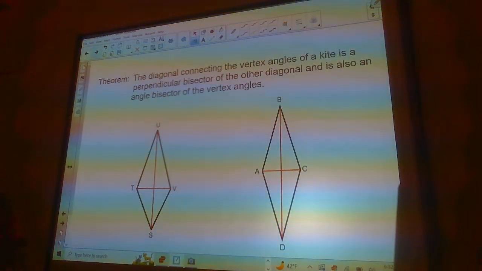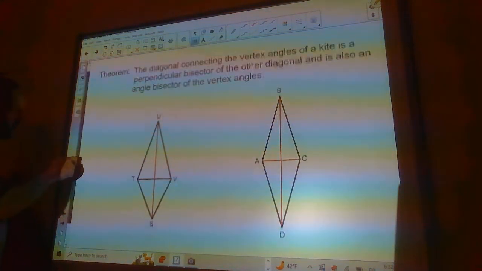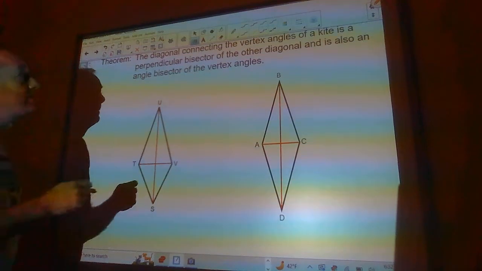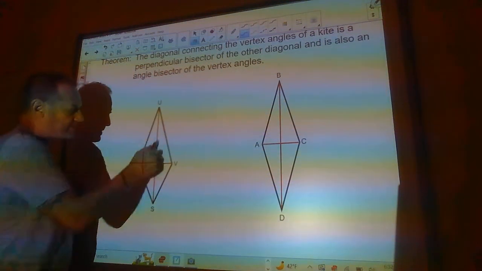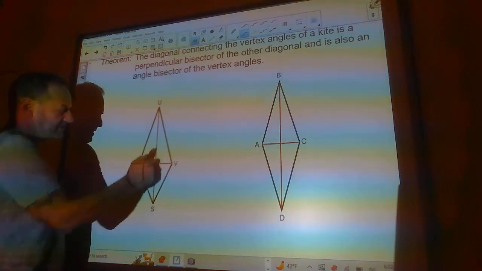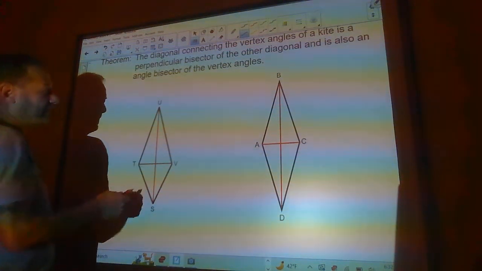All right, theorem. The diagonal connecting the vertex angles of a kite is the perpendicular bisector of the other diagonal and is also an angle bisector of the vertex angles. So this says two things. First of all, it's this one here, since it's the diagonal that connects the vertex angles.